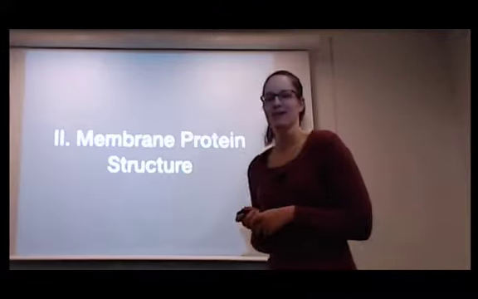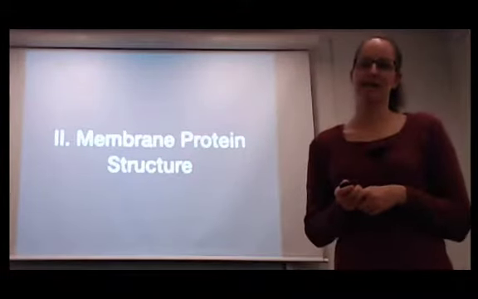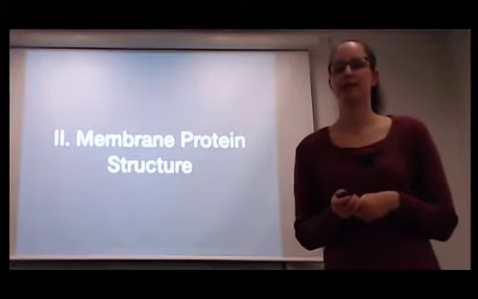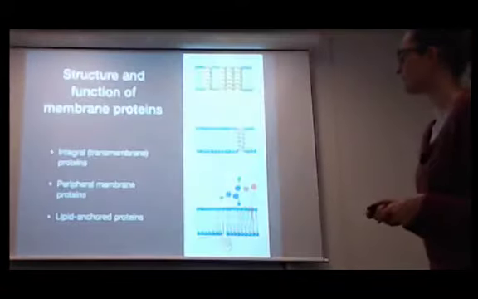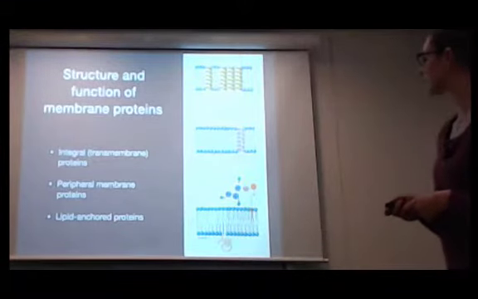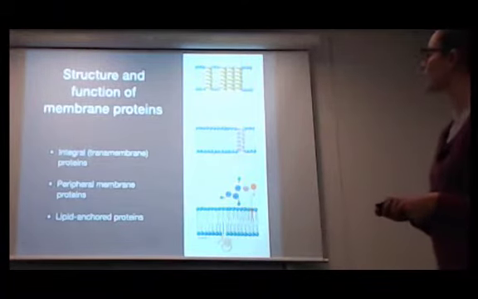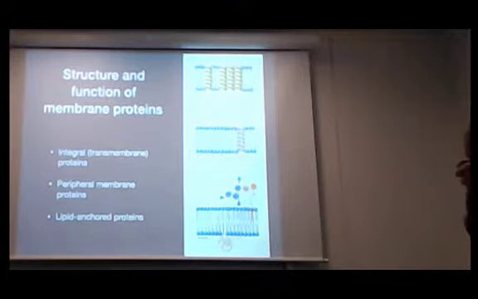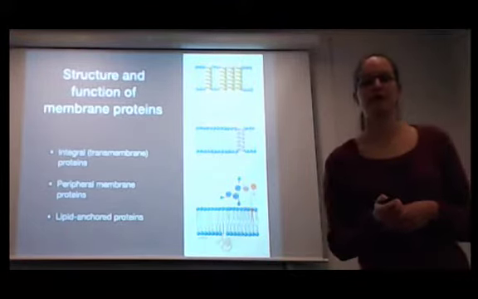So now we know what the membrane looks like, and we're going to talk for a little bit about how this guides membrane protein structure. There are essentially 3 types of membrane structures. The ones that span the entire membrane are called integral membrane proteins. They're usually made of alpha helices.